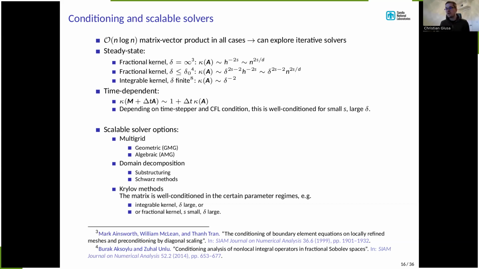So this is really an example of a well-conditioned matrix. Now, the time dependent case is interesting because if you're in the fractional setting and the fractional order isn't too high, then effectively this is a perfectly well conditioned operator, which is interesting if you compare or contrast this with the classical PDE world setting.